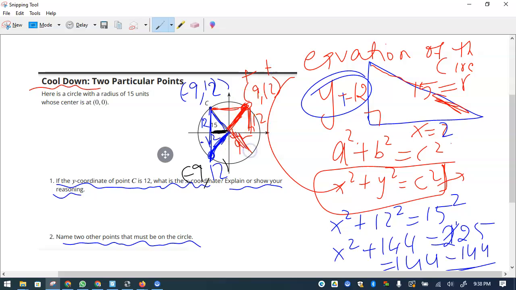Or it can be down, reflected over the y-axis. There'll be another point here where x remains plus 9, but because it is down, this part will be minus 12, and you're done. Okay, that completes.